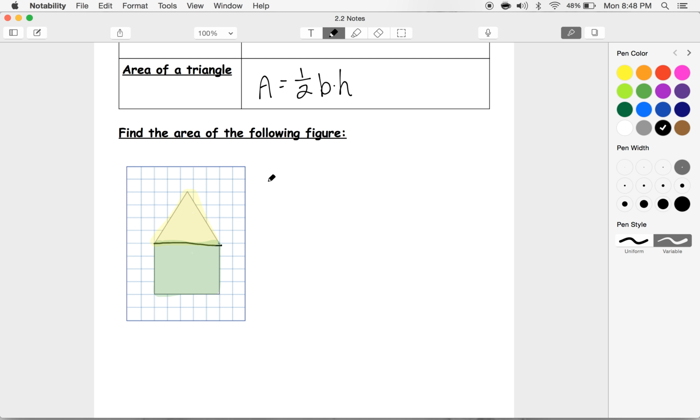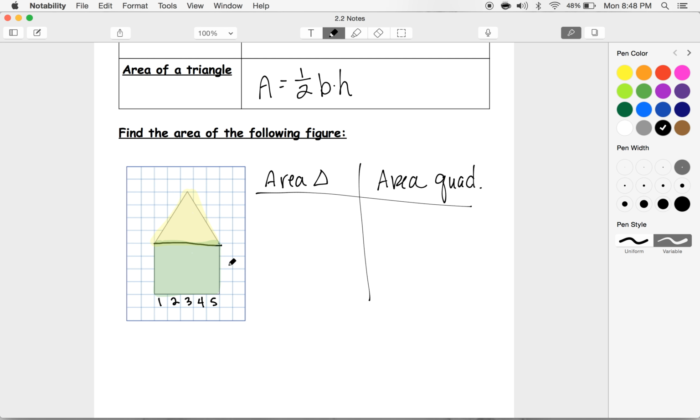So what I can do is I need to find the area of the triangle. And I need to find the area of my quadrilateral. I'm just going to call him a quadrilateral right now because I don't know if he's a square or a rectangle. All right, so let's start with this guy. This is 1, 2, 3, 4, 5.